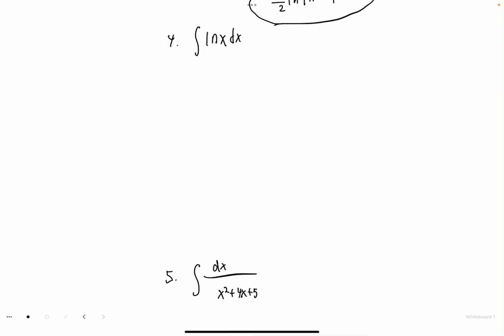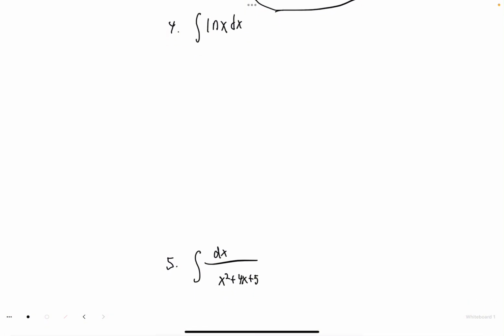So this next problem, we have natural log of x dx. For this one, we really need to see there's still going to be two functions, u and dv. So u is going to be ln x, and then dv is going to be 1, and then v would be x, and du would be 1 over x.